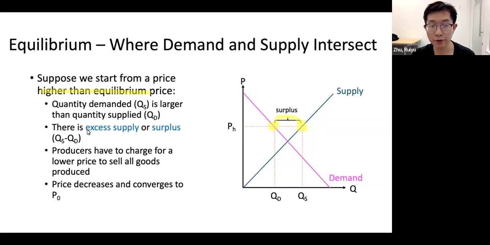We call this difference excess supply or surplus. With this surplus, producers find they cannot sell all the goods they produced. So there will be pressure for them to lower the price to sell the goods they produced. In the end, the price will decrease and converge to our equilibrium price.